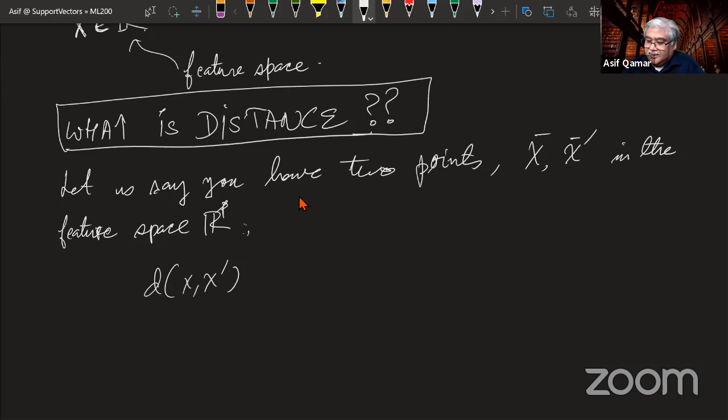So one easy notion of distance is, let me use this as a Euclidean distance.